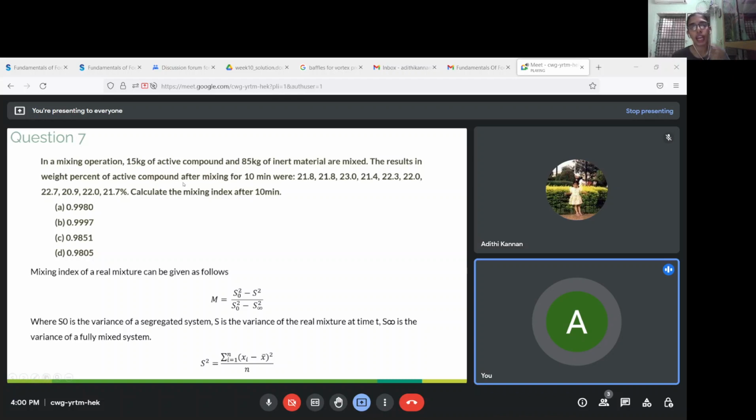Since you are measuring the active component only, this will be your P, and this will be your Q. So P is equal to 15 divided by 15 plus 85, which will be equal to 0.15. So P is always the fraction. You have to divide the total amount of active component by the total amount of material that is present inside the mixing tank. So 15 divided by 15 plus 85 will be your P. Your Q will be 1 minus P.